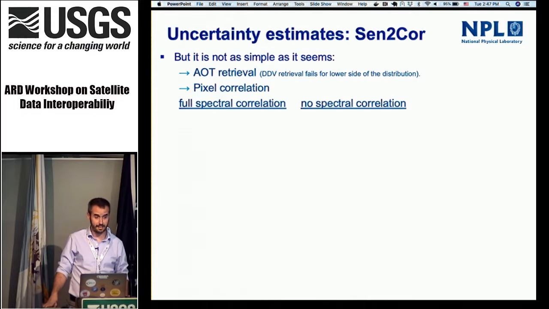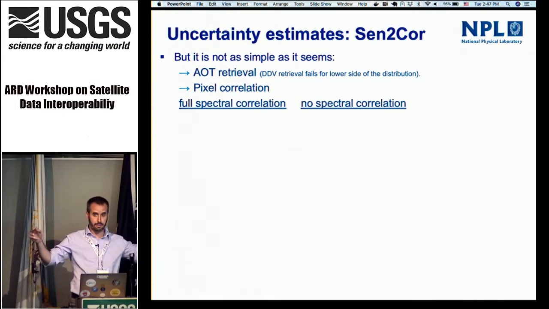In this case, the dense vegetation retrieval failed for part of the distribution. The original product is correct, but when you get the dispersion of the values, for some part of the Gaussian distribution the dense vegetation retrieval of the aerosol optical thickness fails, and this is due to some internal thresholding of the algorithm.